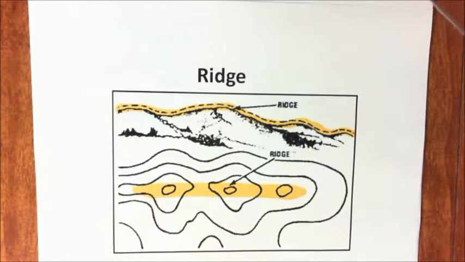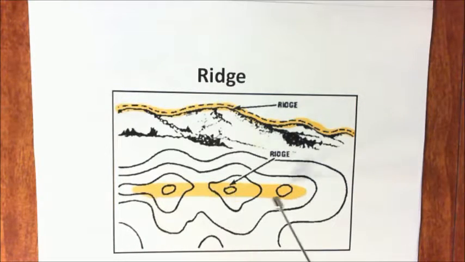Now a ridge. A ridge is basically the line on the very top of a mountain. Even if there are no distinct hilltops, you still have the highest elevation on a mountain.